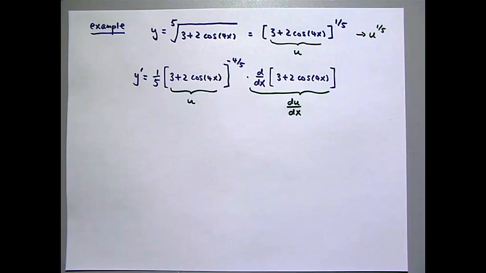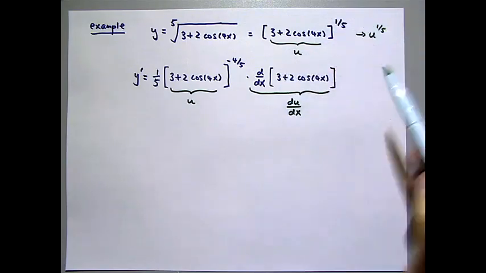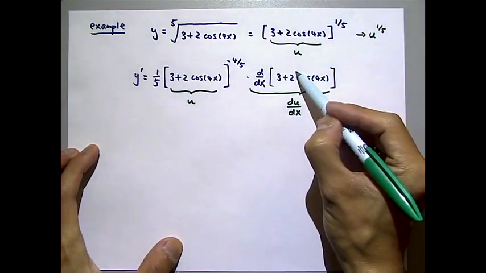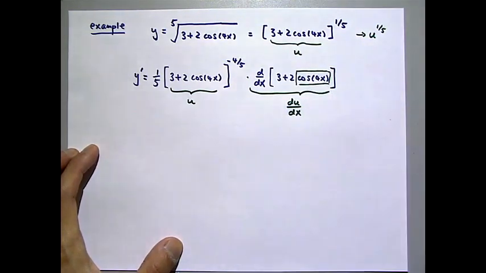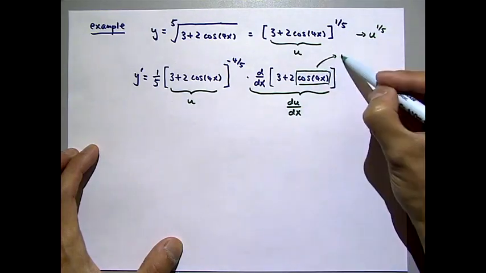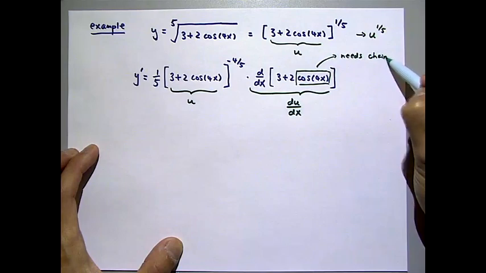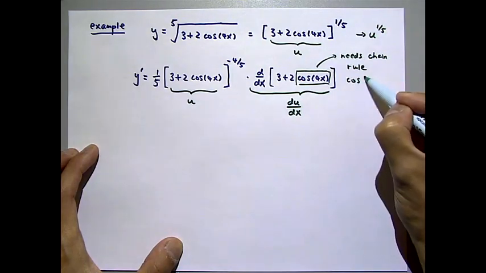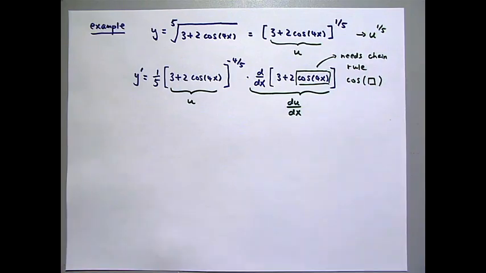Now, if you look at what's going on here, notice that the derivative of 3 is easy. But this part here, when we take the derivative, is another chain rule situation. Right? This is a cosine of something kind of situation.